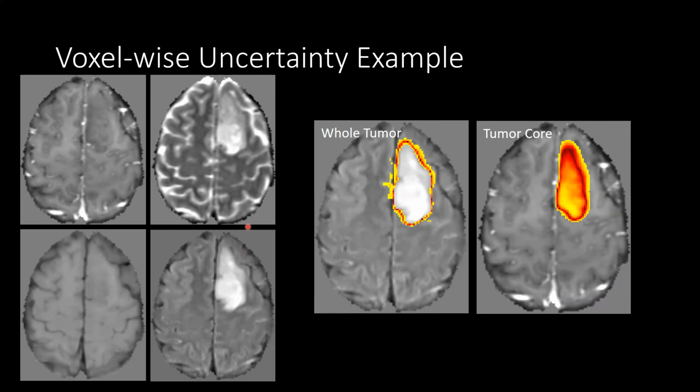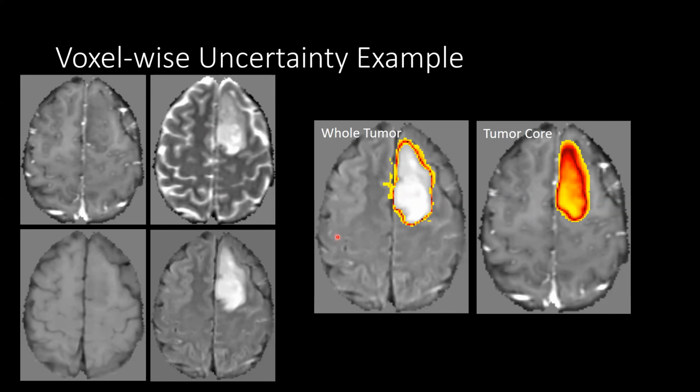Pictured here, we can see a low-grade glioma patient with T1 pre, T1 post, T2, and FLAIR imaging. While this patient has a fairly well-defined region of edema, as seen on this FLAIR imaging, none of the four modalities show the tumor core component well. Thus, we expect there would be high amounts of inter-rater variability for tumor core segmentation and would like our model to indicate this in some way.